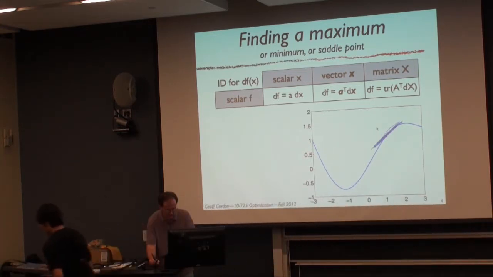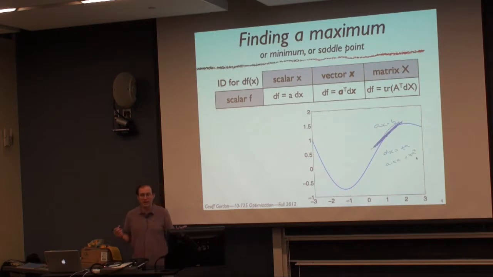So if we have this is ax plus b, right? And so if we set dx equal to some small constant t times a, then the change in f is going to wind up being a times the change in x, which is a times ta, which is t a squared, right?